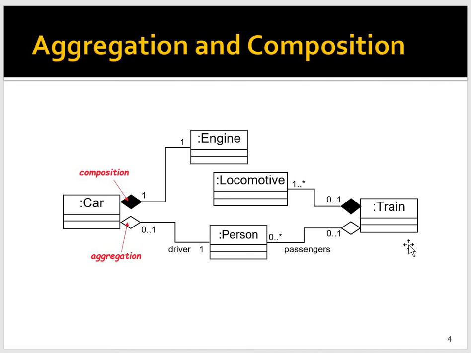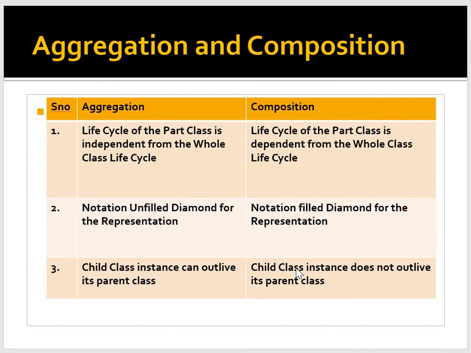If this engine doesn't exist, the car will not run. Again, the locomotive is an engine for the train. If the locomotive doesn't exist, the train will not work. And if the car class doesn't exist, then the child class will also not exist. So this is just the opposite of aggregation.